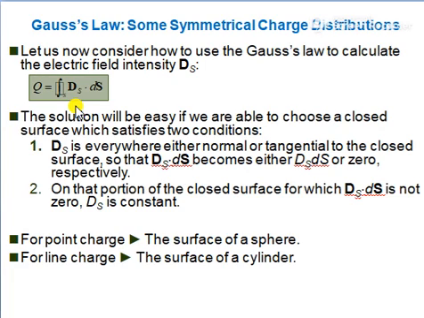Equate the charge Q to the integration obtained with D as unknown. Then determine D and express D with its direction, and then determine E, that is D divided by epsilon naught. So these are the steps used to determine E and D using Gauss's law.